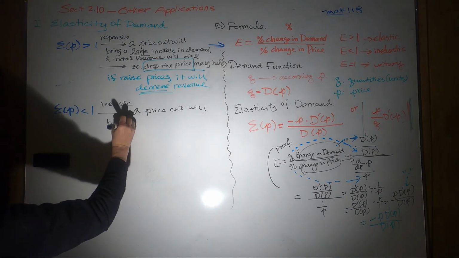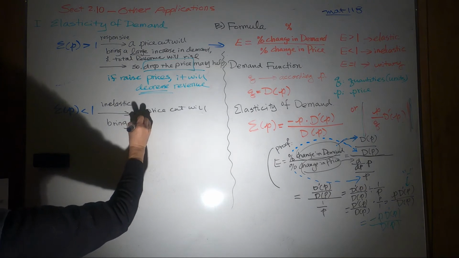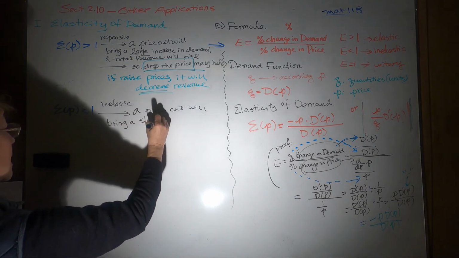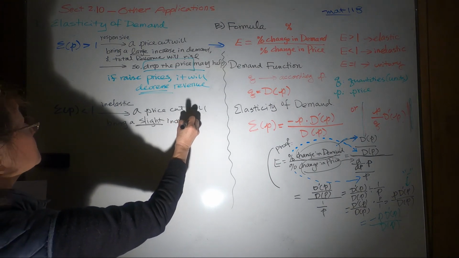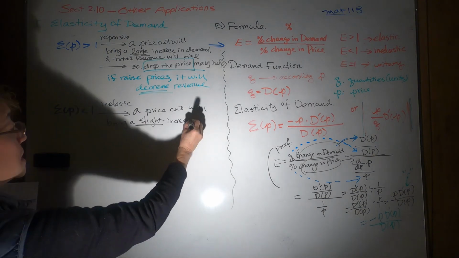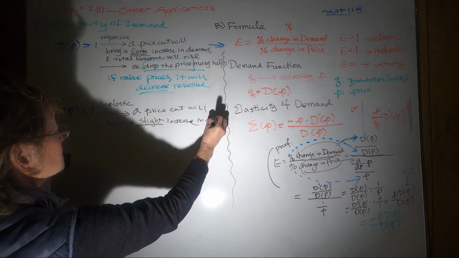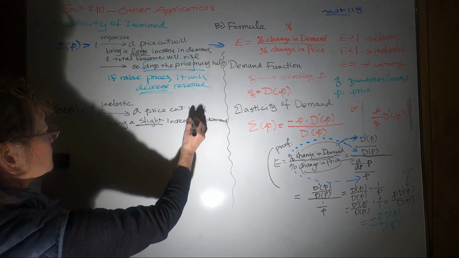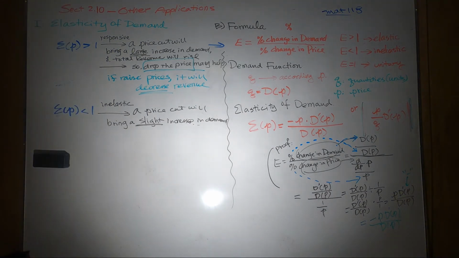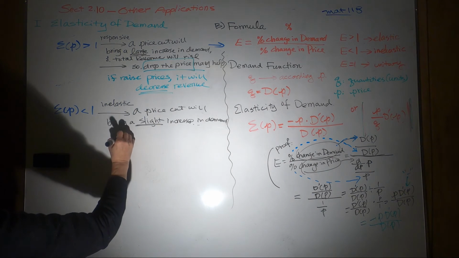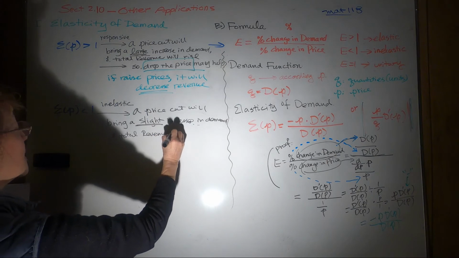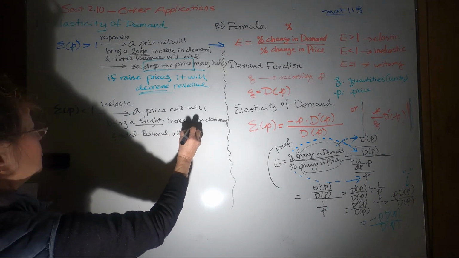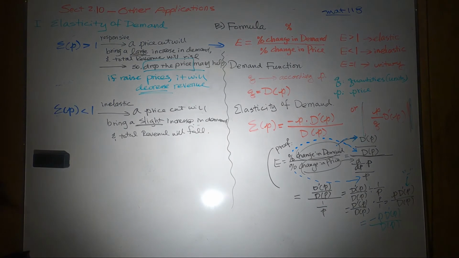Because it's not responsive, it will bring a slight increase instead of a large increase in demand, right? Then what do you think? And the total revenue will what? Fall, right? We saw it previously in the farmer's paradox.